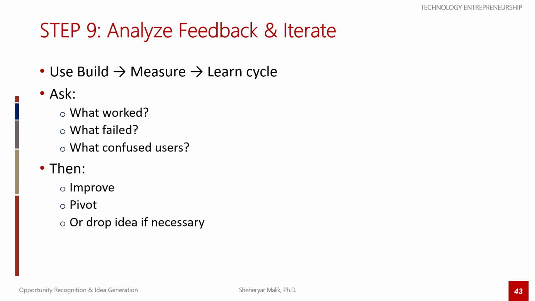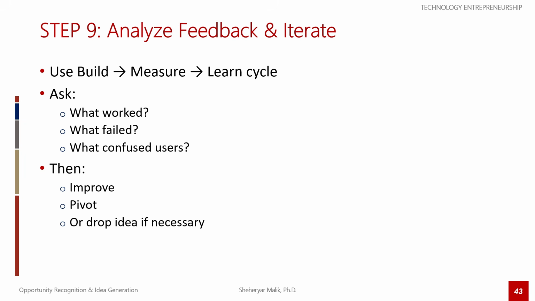In step 9, you are going to analyze the feedback, and then iterate. We are going to use the build, measure, and learn cycle, which is a typical lean startup cycle. We have built an MVP, we have measured it, and now we are taking the feedback, analyzing it, and then going to iterate again.